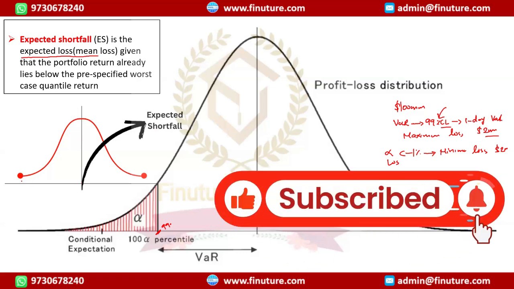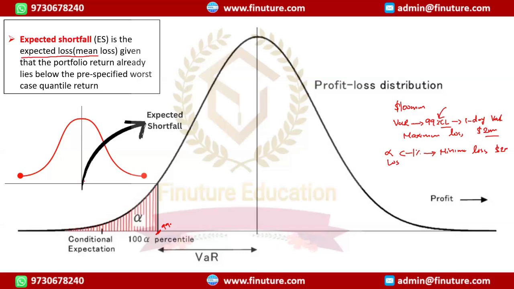That is, we build one more distribution in this region. The average, or mean, or expected value of this distribution is called expected shortfall. That is the very fundamental understanding of expected shortfall. If it is not clear, feel free to put a comment in the comment box, and we can take it up.